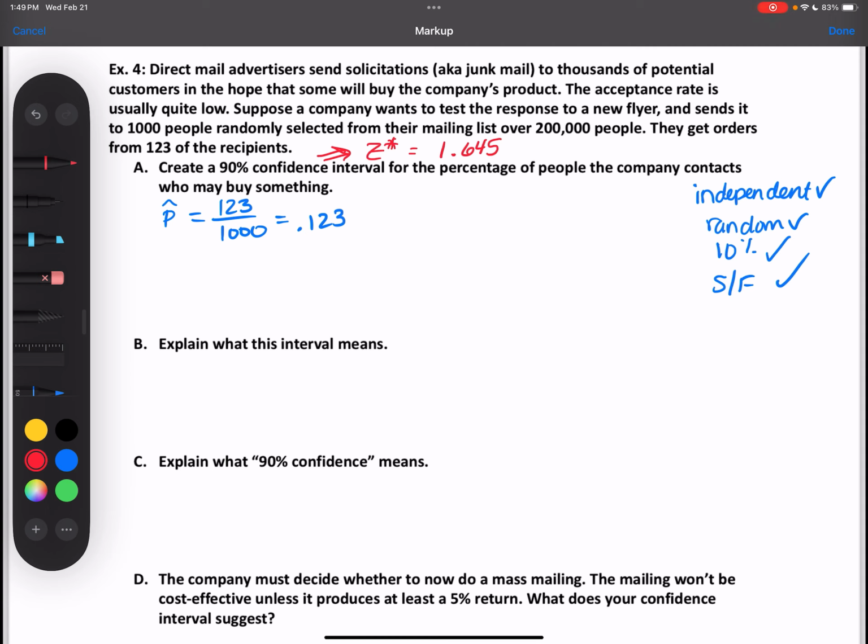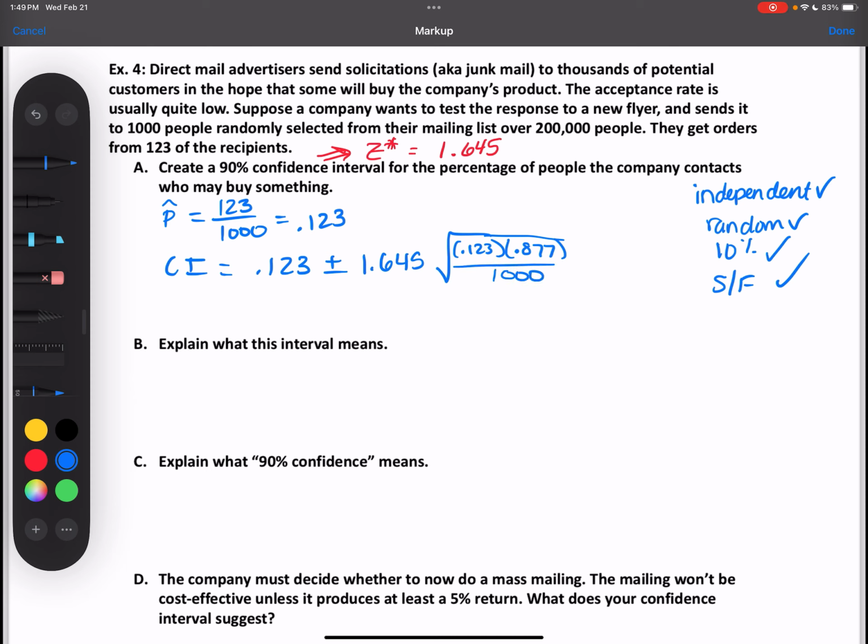All right, so the setup of the confidence interval is going to be 0.123 plus or minus the Z star 1.645 times the square root of 0.123 times 0.877 over 1,000.